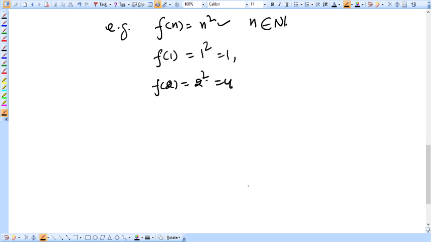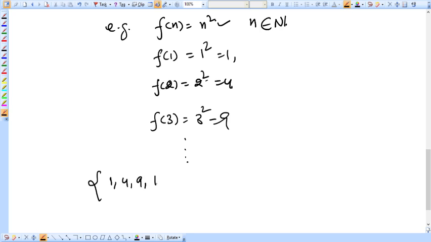And f(3) is equal to 3 squared, equal to 9. In this way it goes on, and we get a set of numbers: 1, 4, 9, 16, 25 and so on.